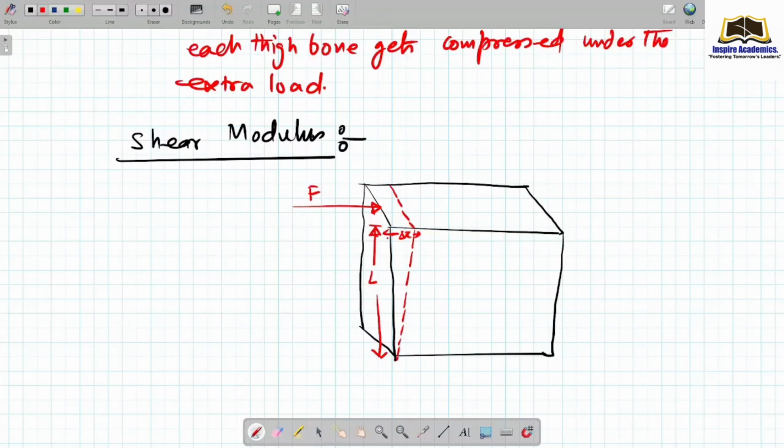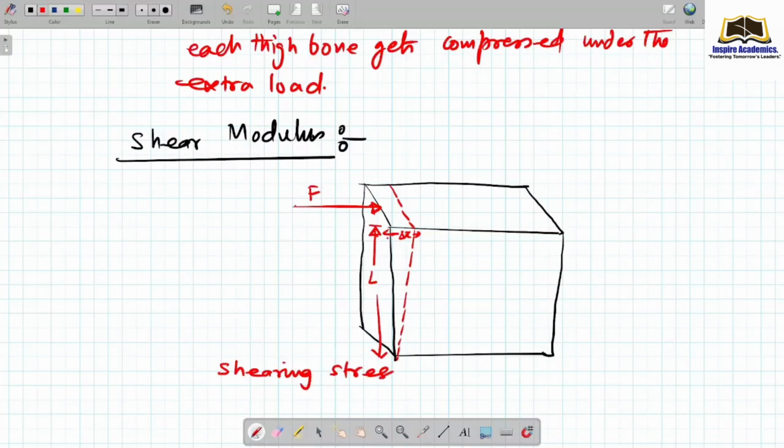All right. So what we describe here is that the force that is acting is tangential. Therefore, it will produce the shearing stress.